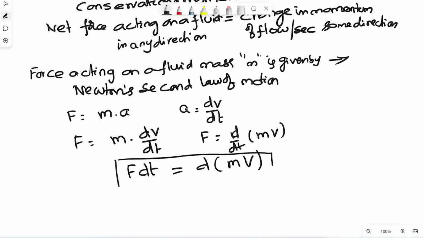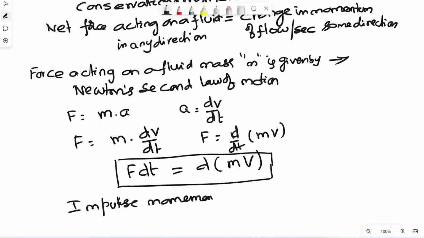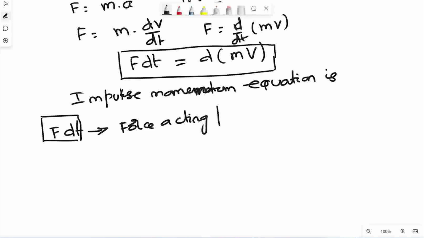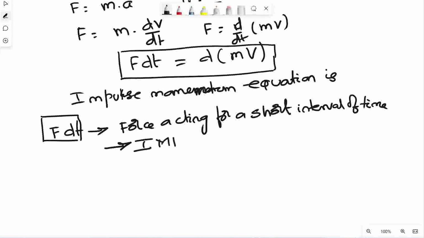So this is exactly what the impulse momentum equation is. What it states: this F dt is nothing but the force acting for a short interval of time, and this is what we call impulse.